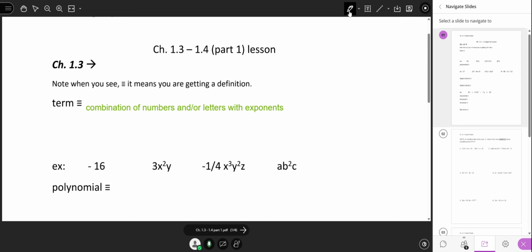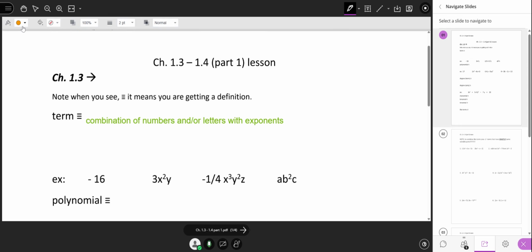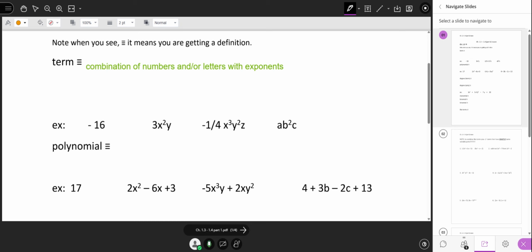Now, a couple of things that I need to explain to you is when you see a number by itself, -16, for example, you could say your variable is x to the 0.